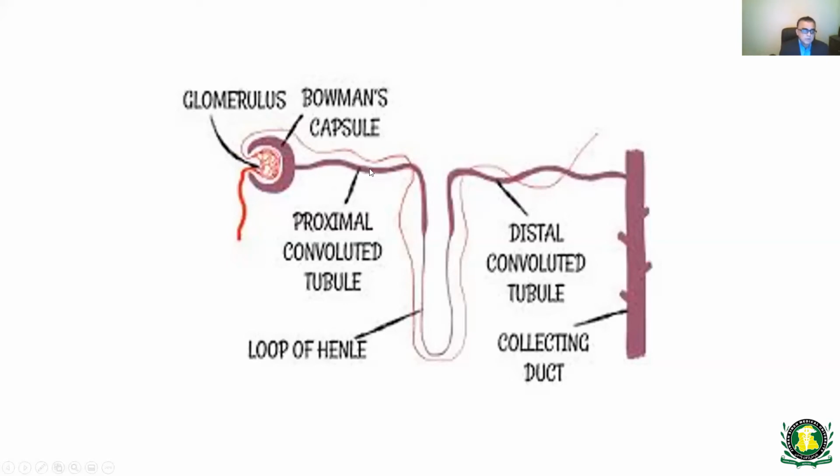Acetazolamide also works on this area and inhibits the carbonic anhydrase and causes the loss of sodium and bicarbonate in the urine. Then we have loop of Henle, and here about 25% of sodium is reabsorbed.